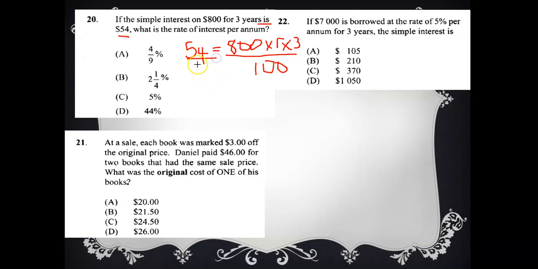Cross multiply. 5400 is equal to 800 times 3, 2400 R. We want R, so we divide both sides by its coefficient.